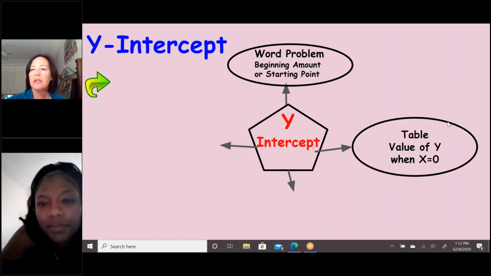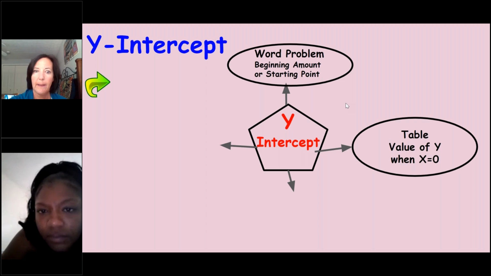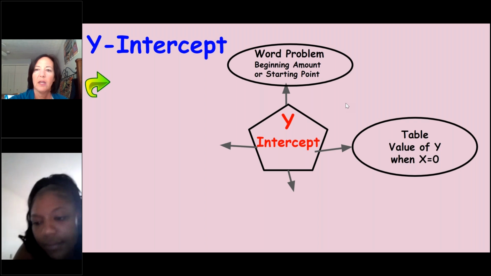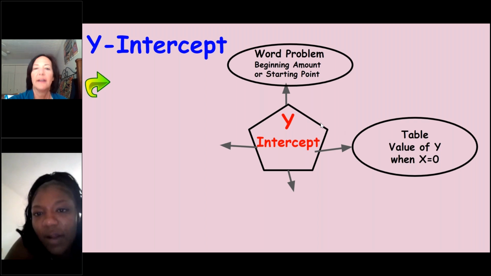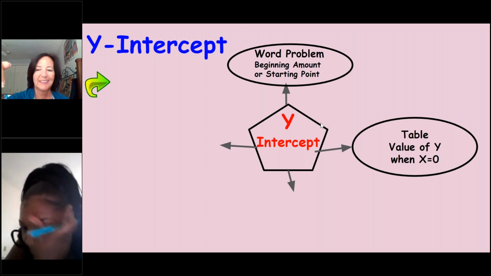So in a table, we talked about this one a little bit already, it's going to be the value of y when x equals 0. And we'll practice some of those. Okay. And y-intercept is the value of y when x equals 0.